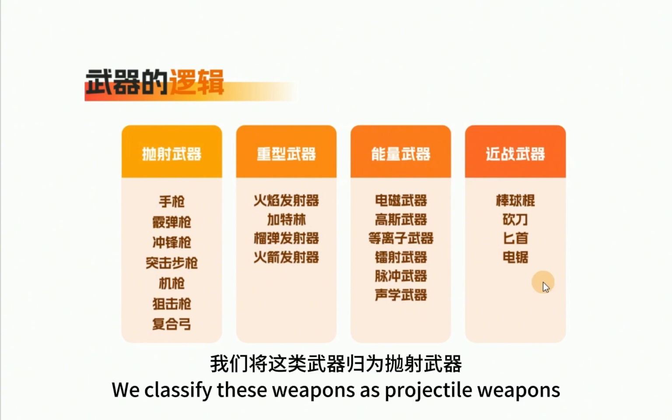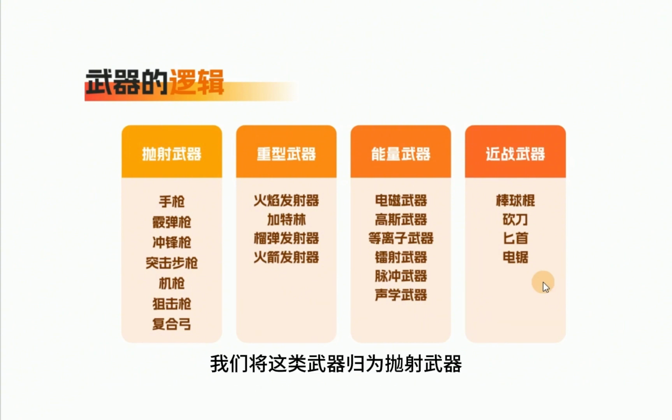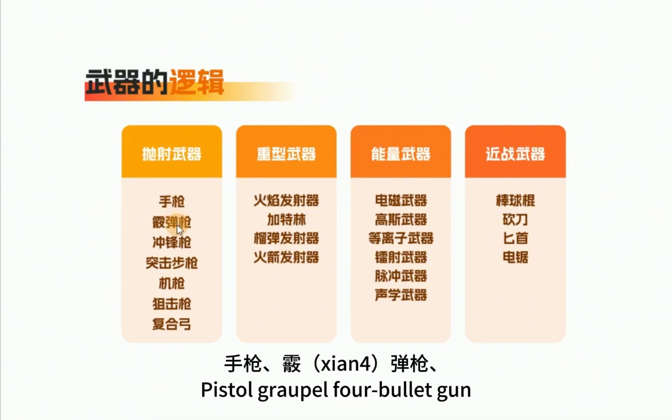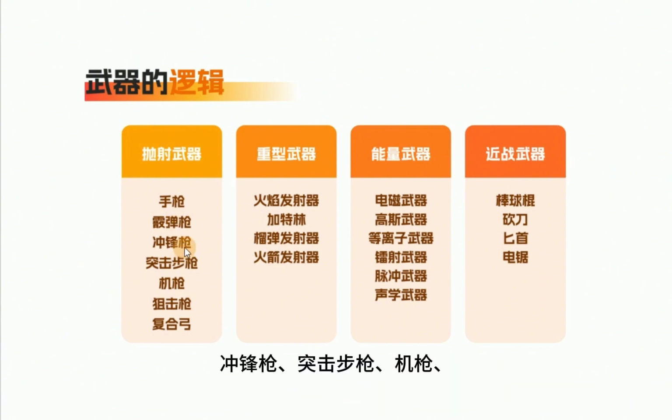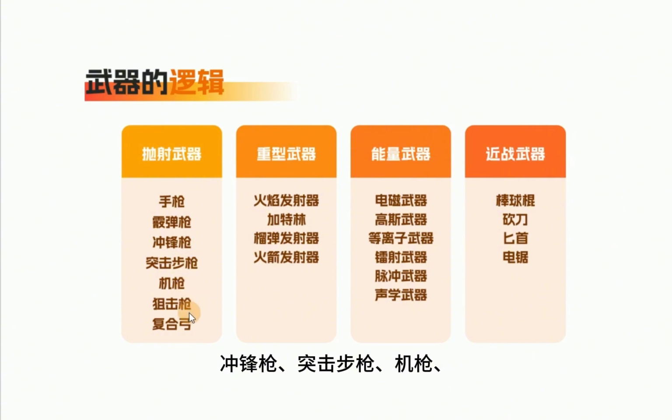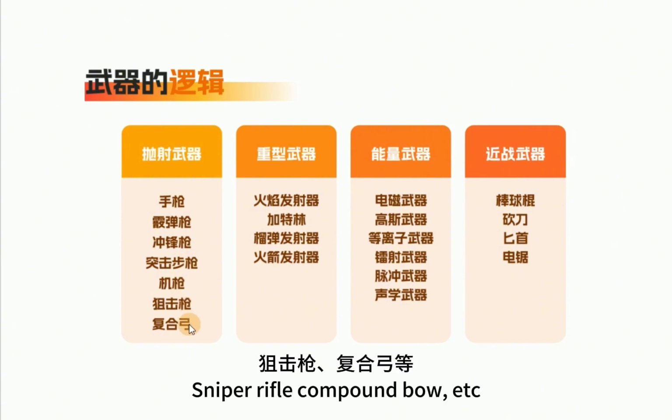We classify these weapons as projectile weapons, such as pistol, submachine gun, assault rifle, machine gun, sniper rifle, compound bow, etc.